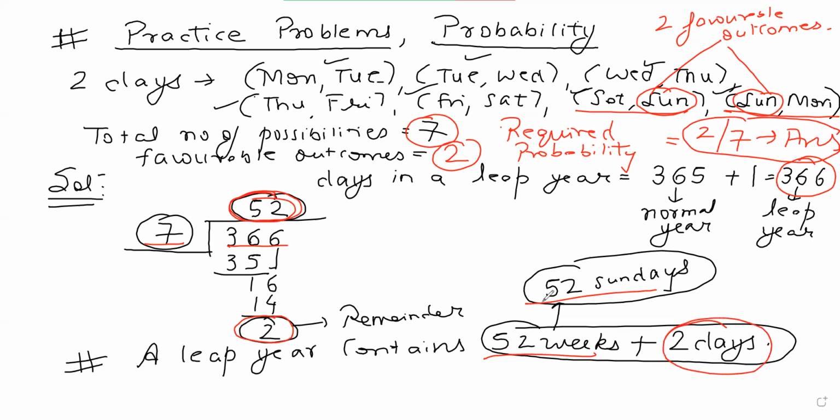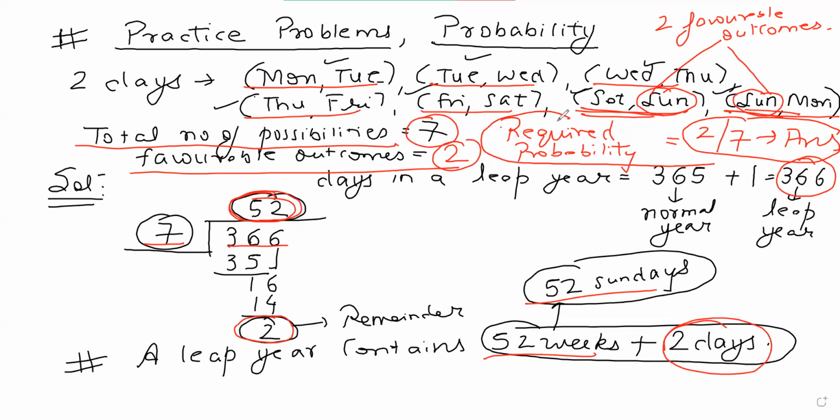I have 2 days left. These 2 days can be Monday-Tuesday, Tuesday-Wednesday, Wednesday-Thursday, Thursday-Friday, Friday-Saturday, Saturday-Sunday, Sunday-Monday. Total possibilities are 7. For the 53rd Sunday to occur, you have two favorable outcomes: Saturday-Sunday and Sunday-Monday. So my required probability for having 53 Sundays in a year is 2 by 7. I hope all students have understood the solution to this particular problem and have no doubts.